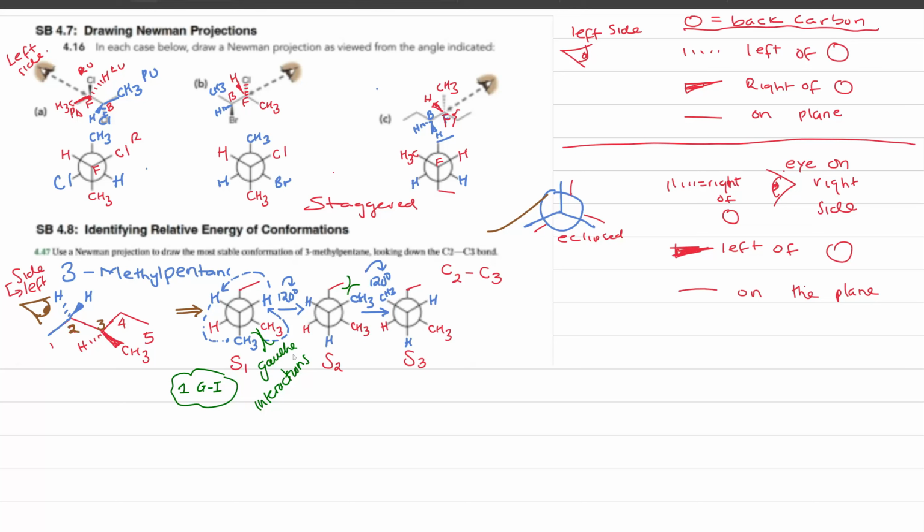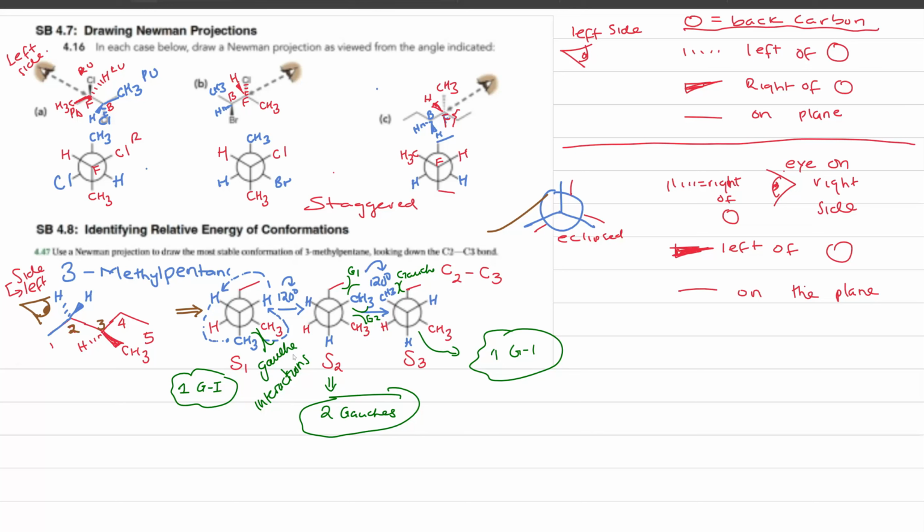Oh, there's a nasty gauche there, ethyl and methyl, and there's another gauche here. This one has two gauches. And then this one is a gauche here. So this guy, you see, you don't crowd with hydrogen. This has two gauches. This has one gauche interaction.